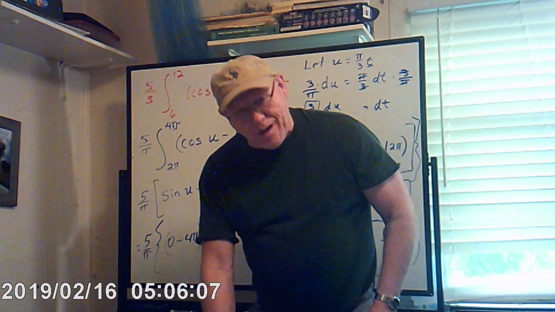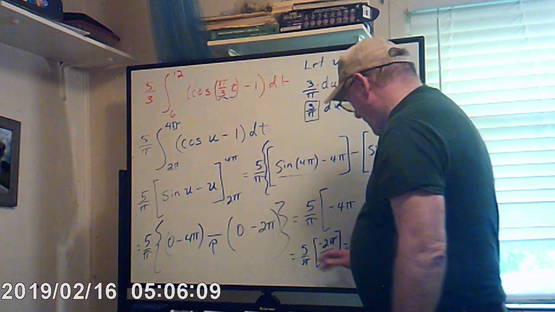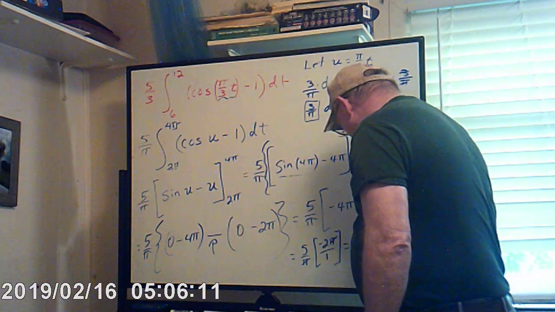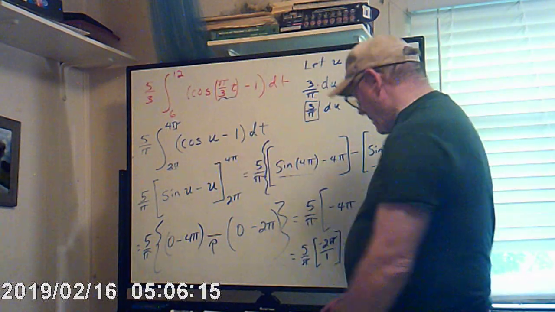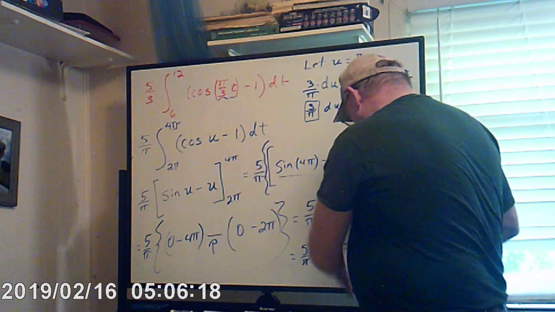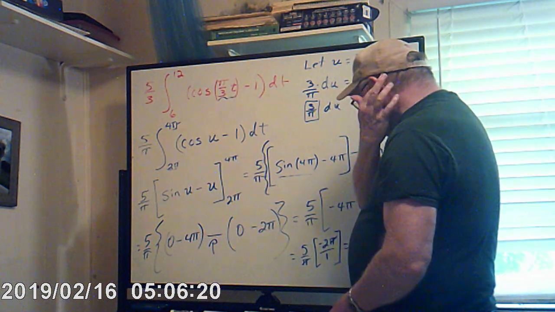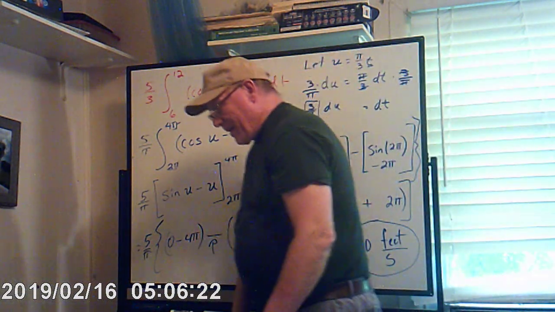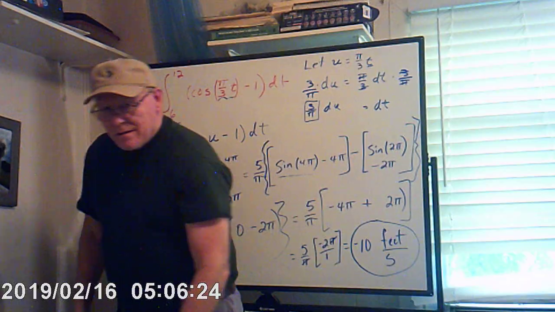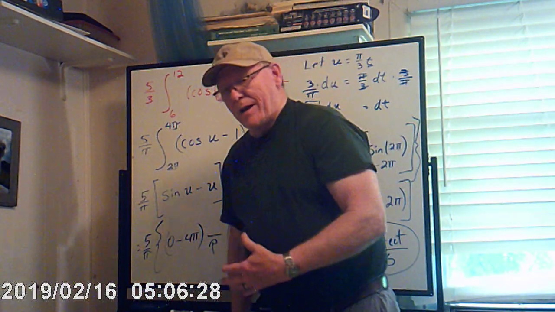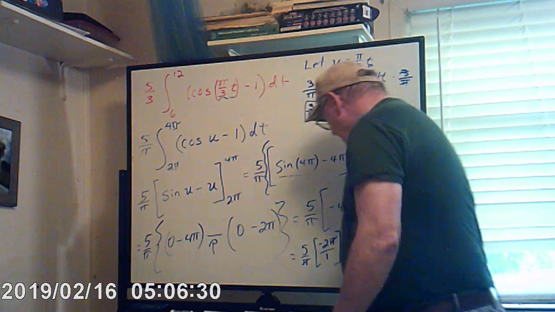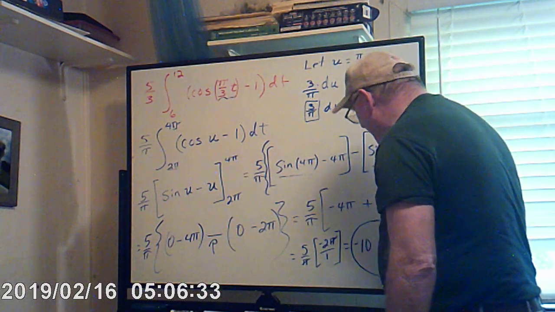Sometimes we look at it that way. In this case, you can have a negative feet per second. If you're talking about speed, you put that in absolute value bars, and that'd be 10 feet per second if that's speed. But we're not talking about speed, we're talking about average velocity. So there it is, negative 10 feet per second.